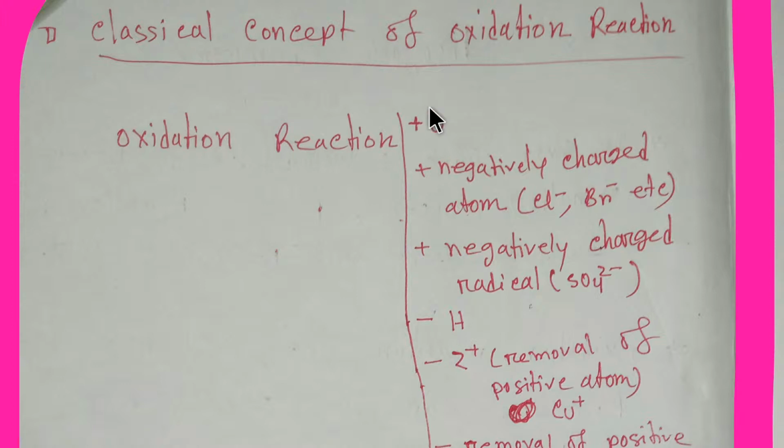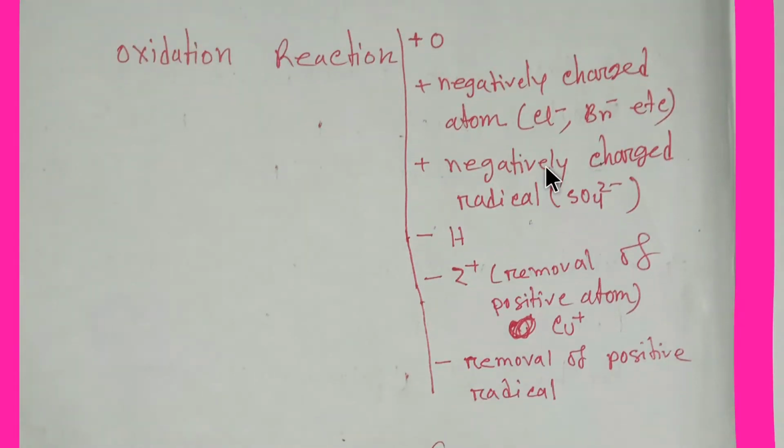Well, what is an oxidation reaction? Well, an oxidation reaction is a reaction in which we'll see the addition of oxygen, right? Or we may see the addition of a negatively charged atom like chloride, bromide, or chlorine, bromine, right? Or we can see the addition of a negatively charged radical like sulfate, right?